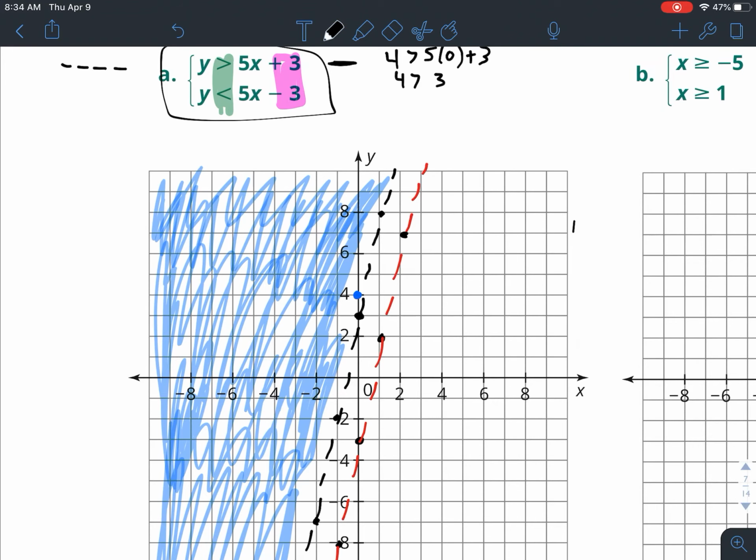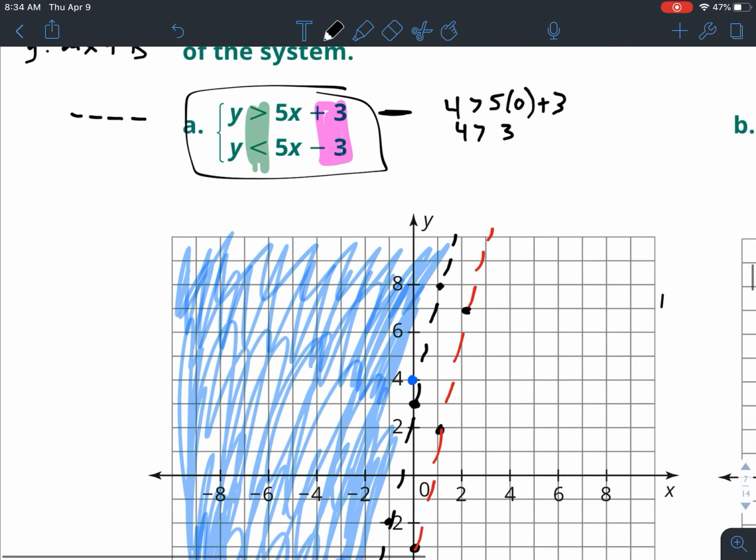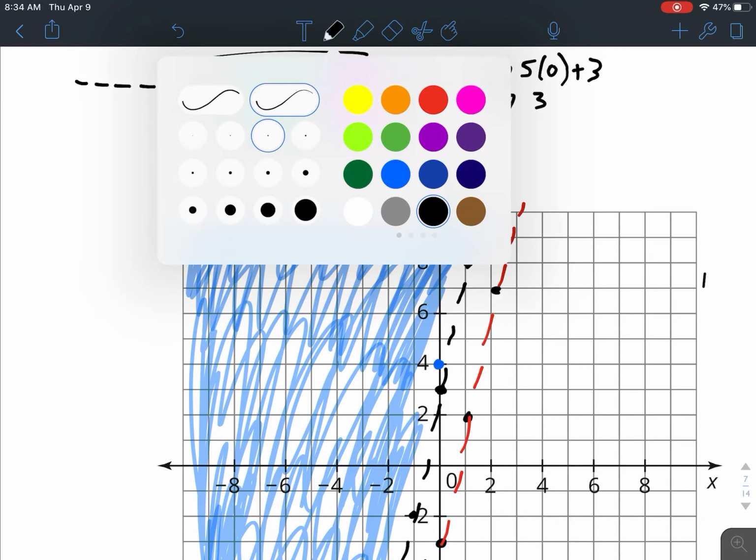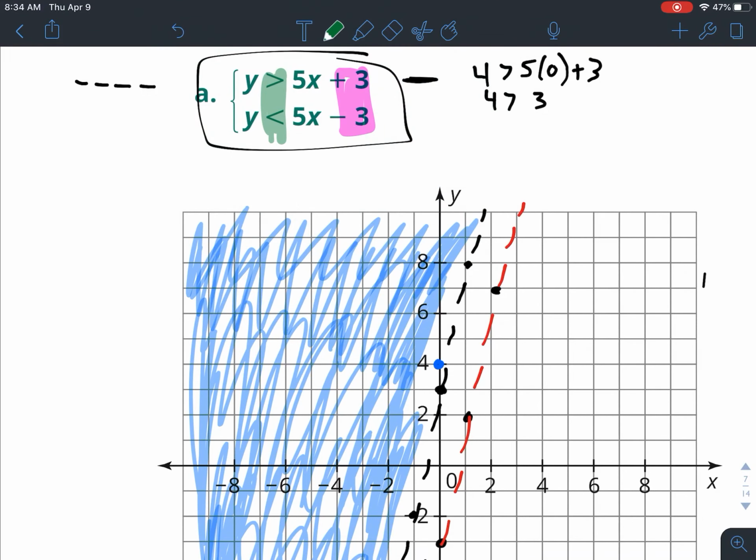So let's test this one here. y is greater than 5x minus 3. Let's just look at a point. I'm going to make it a green point for this one. Let's say that green point right there, x is 1, y is 4.